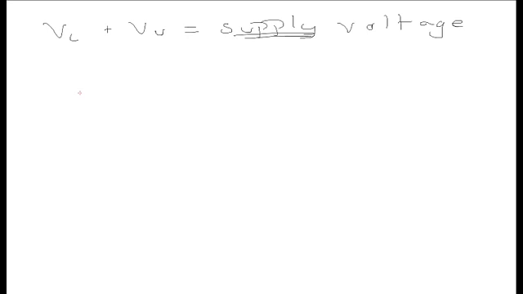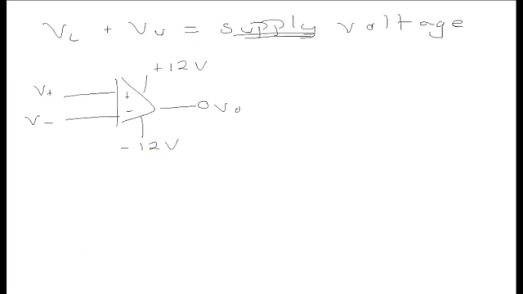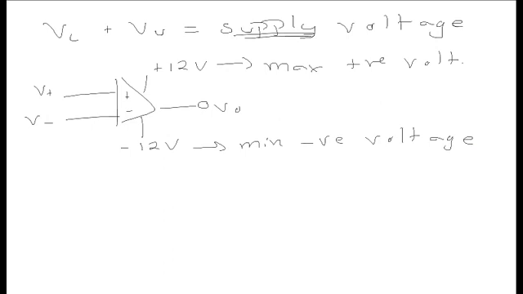For example, here's our op amp, and let's say this is plus 12 volts and minus 12 volts. These represent the maximum positive voltage and the minimum negative voltage. Our op amp cannot produce voltages outside of the range plus 12 to minus 12, no matter what we do.